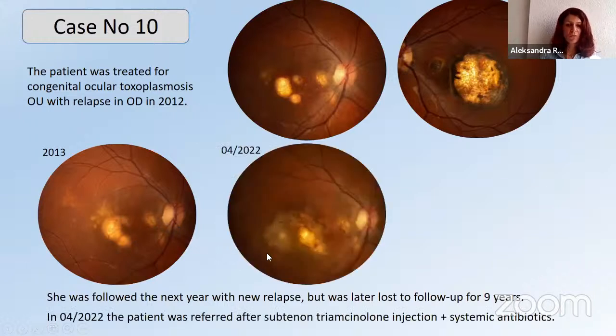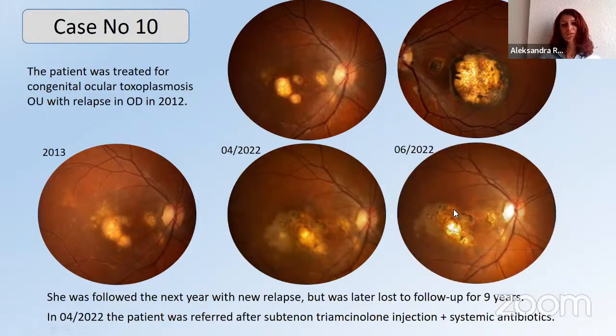After that, she showed up with a large scar in the posterior segment and a new active lesion, and was referred after subtenon triamcinolone injection and given systemic antibiotics. She was covered with 3 antibiotics for 6 weeks and after that 2 antibiotics for 2 more, and then given Bactrim every other day for a prolonged period. And now this is what it looks like. So we managed to save this case.